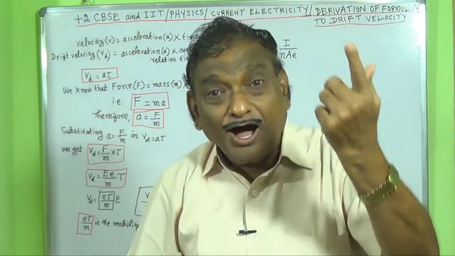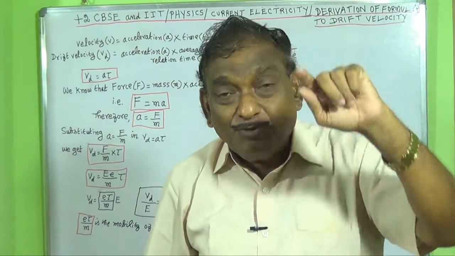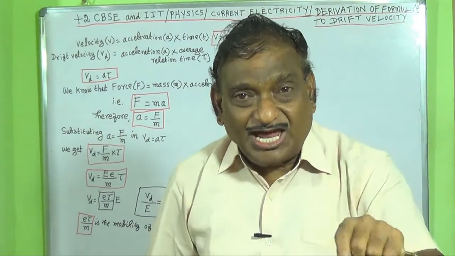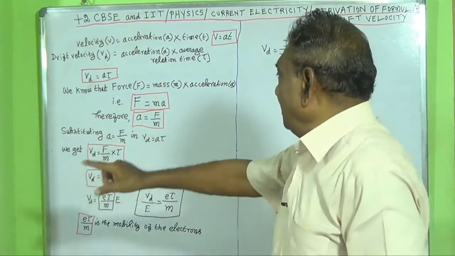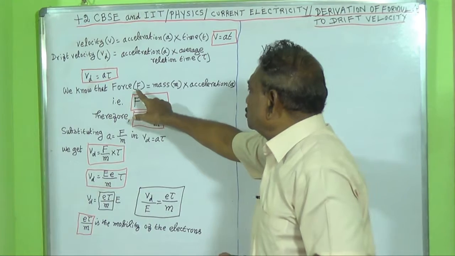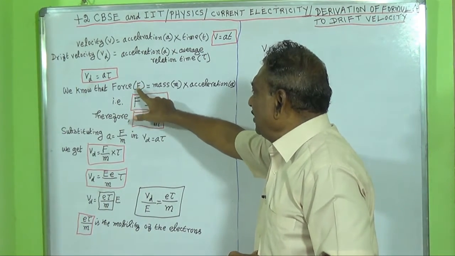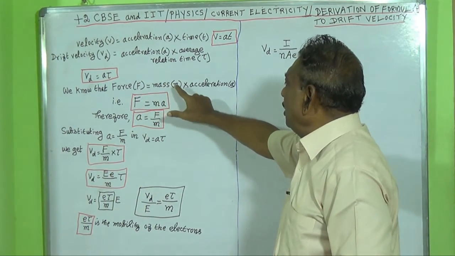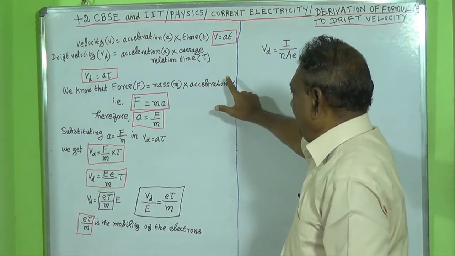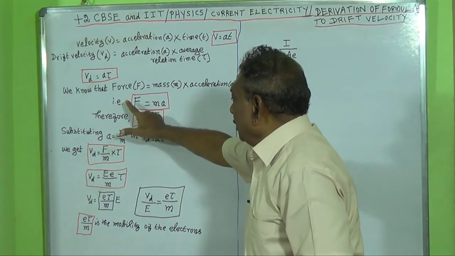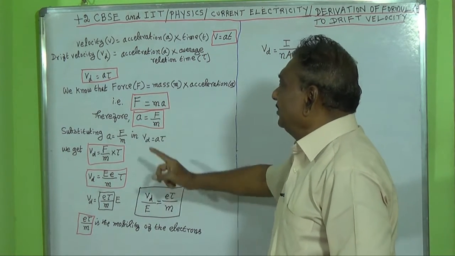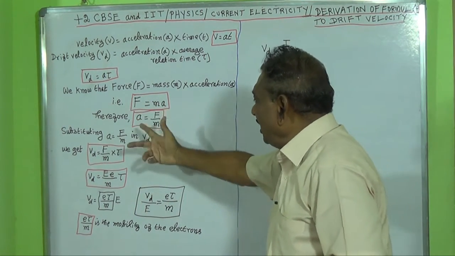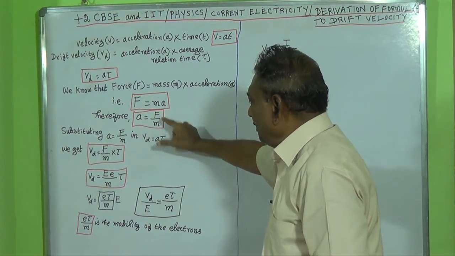That is, capital F equal to m into a. Therefore a equal to F by m.